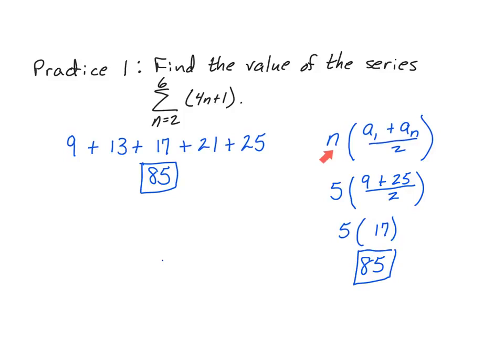All right, so using our formula, the number of terms we get by subtracting, so 6 minus 2 is 4, but then you add 1 to that, which gives us 5. Our first term was 9, our last term was 25, and dividing by 2 ends up with 85 as well.